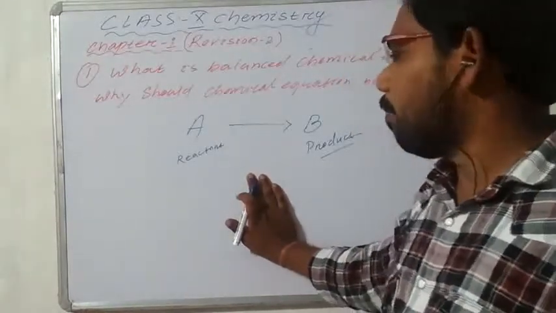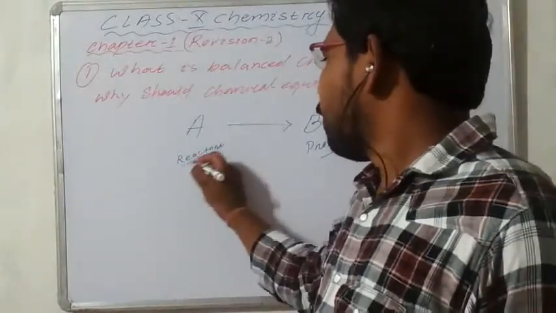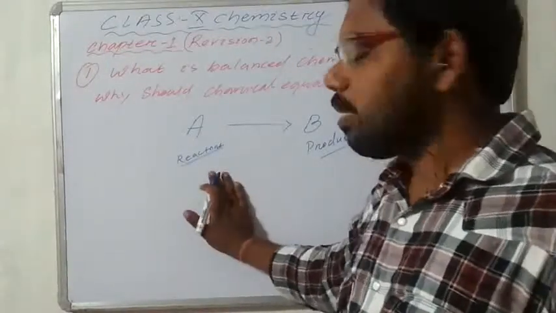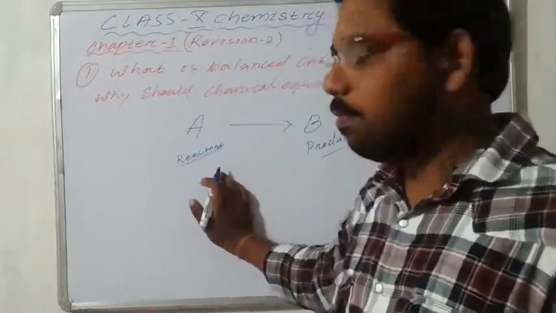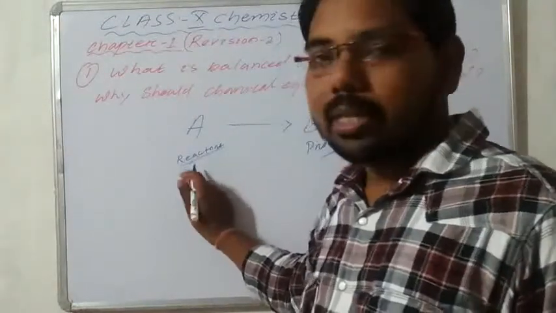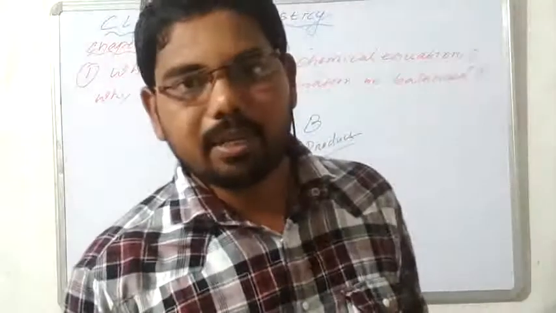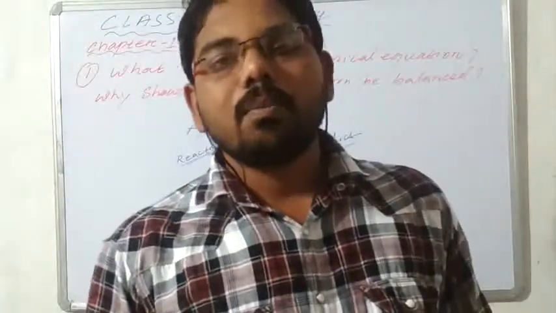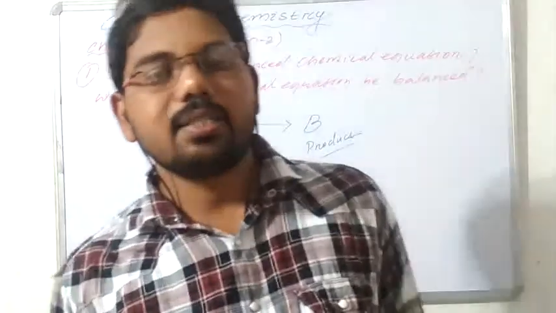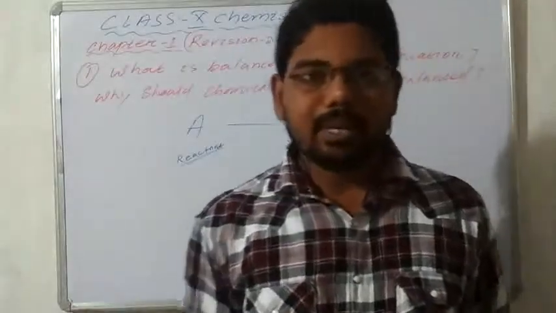To satisfy the law of mass action, we need equal atoms: when individual elements have an equal number of atoms on both the reactant and product sides, then it is a balanced chemical equation. The total number of individual atoms on the reactant side must be equal to the product side.